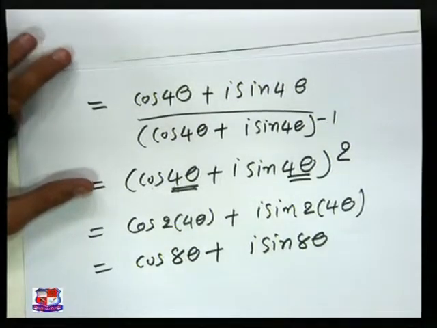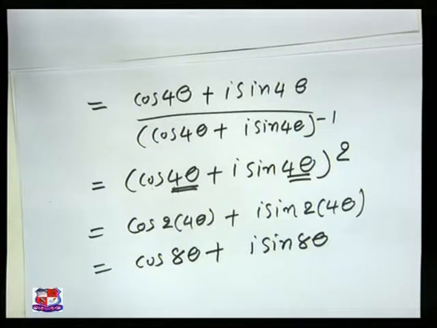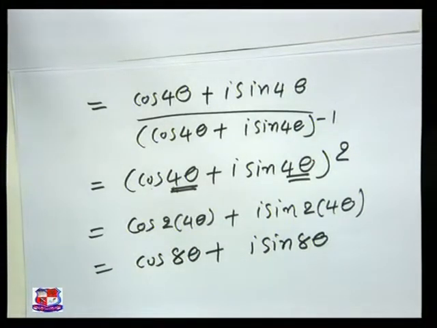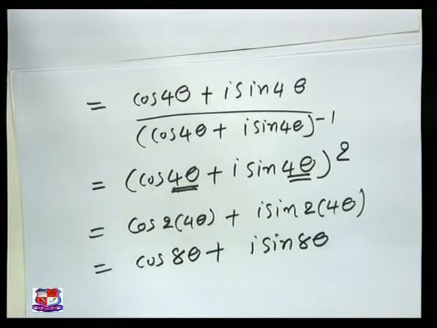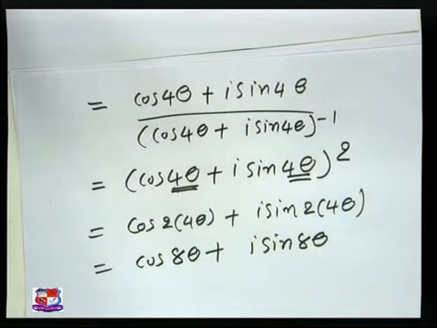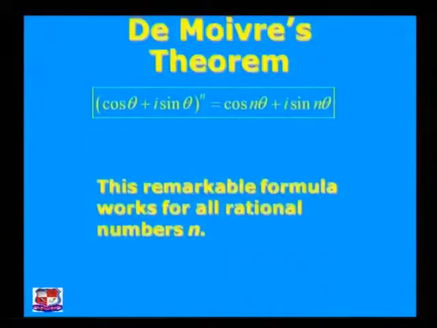So this is the simplification of that given expression. Using De Moivre's theorem in this way, we can simplify any complex expression. In this way we can solve the example.